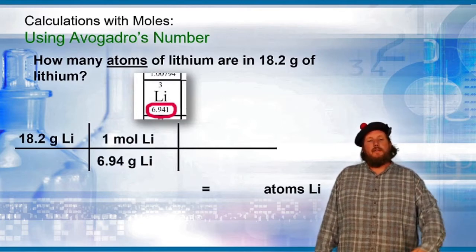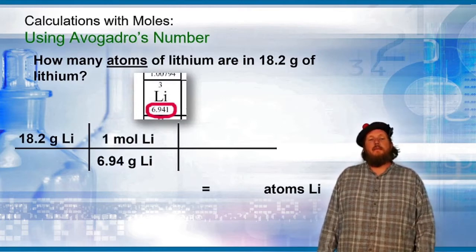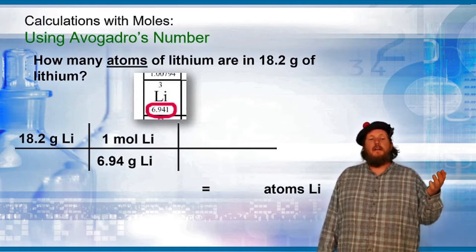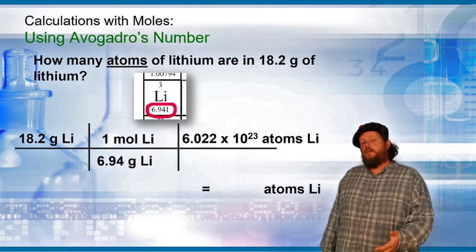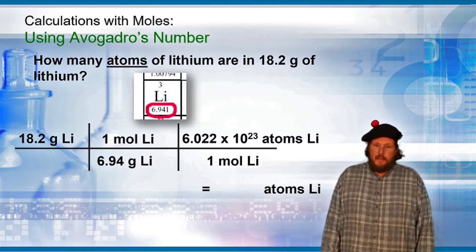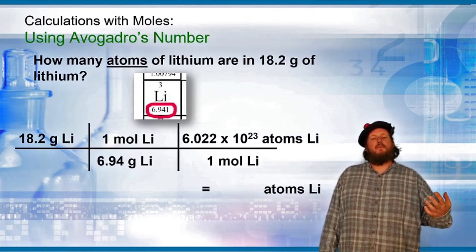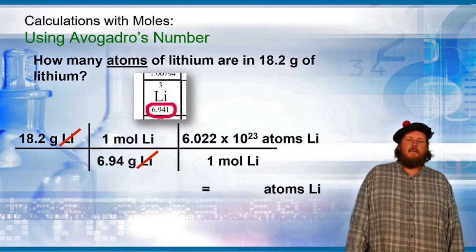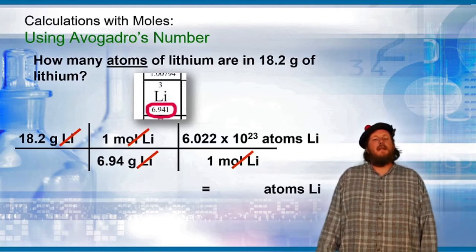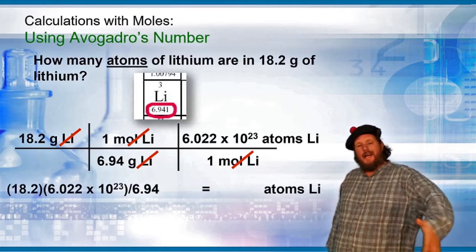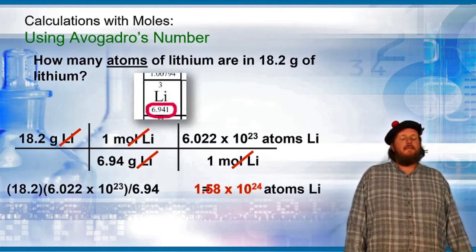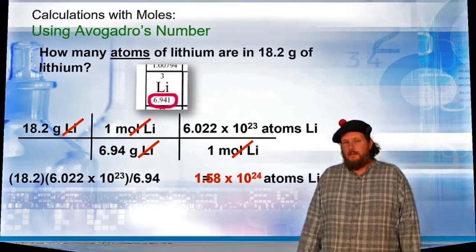So 1 mole divided by 6.94 grams of lithium, that will give us our grams of lithium canceling out, convert us to moles of lithium. Then 6.022 times 10 to the 23rd atoms of lithium per mole of lithium. Our moles will cancel out. So grams lithium cancels out with grams lithium, moles lithium cancels with moles lithium. We're left with just atoms of lithium. We multiply it all out, and we get 1.58 times 10 to the 24th atoms of lithium.